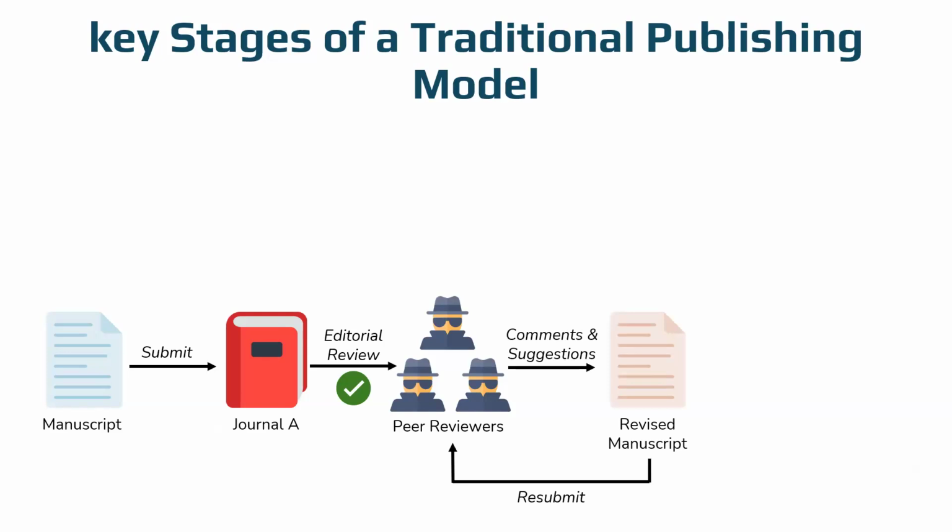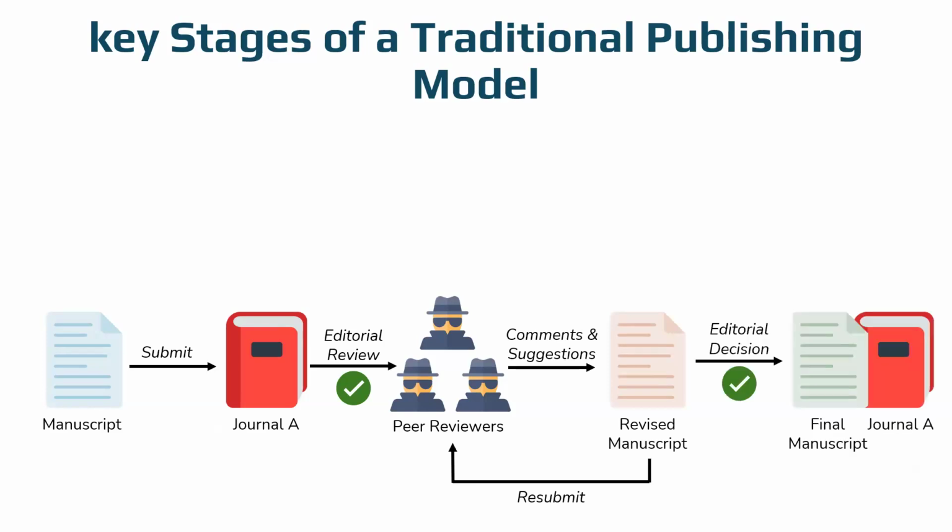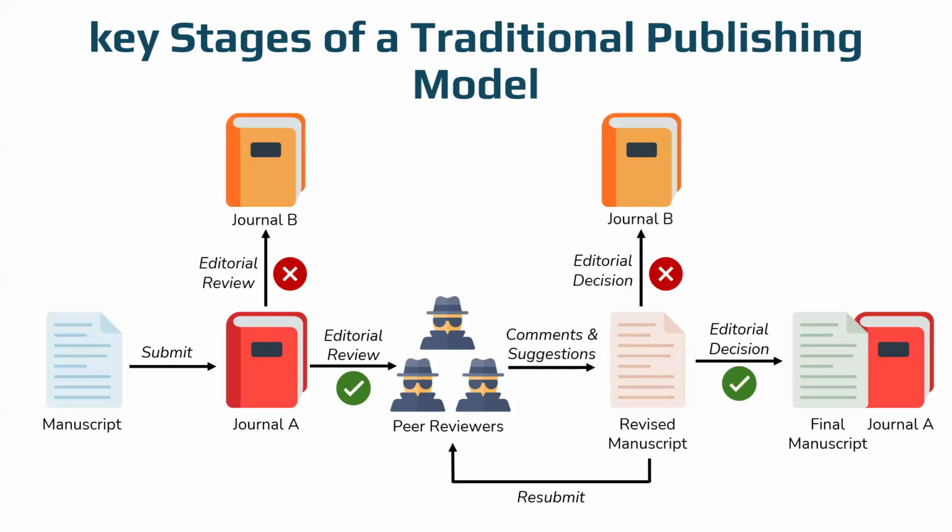Then the reviewers go through it again and maybe add some more comments and suggestions. And this is a loop that usually goes back and forth for several months. And then finally, after the editorial decision on whether to publish this article or not, the final manuscript is published in the journal. And of course, this is the best case scenario, that eventually the manuscript gets published in the journal.